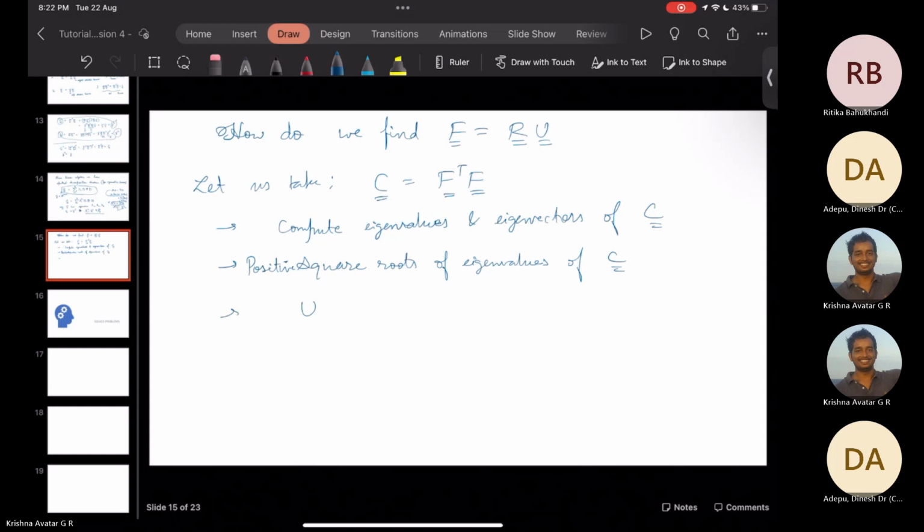And then U can easily be defined as follows. Say the eigenvalues were lambda i squared, where i is equal to 1, 2, 3, and say eigenvectors are n_i, i equal to 1, 2, 3. So now U can be expressed in terms of the square roots, right?